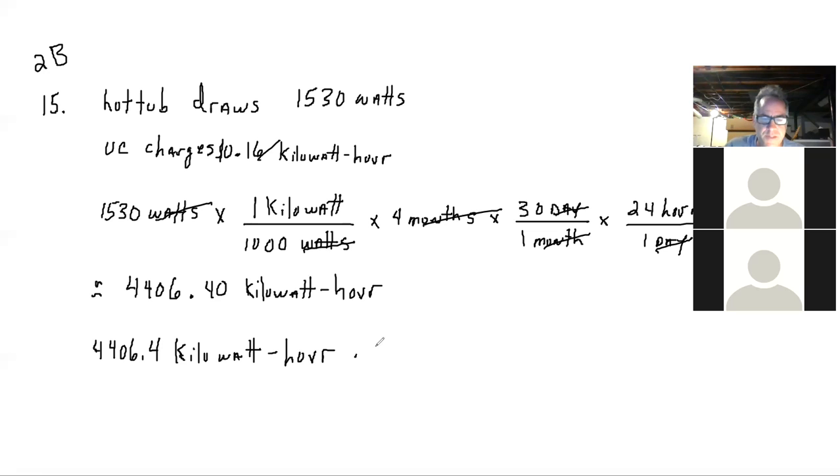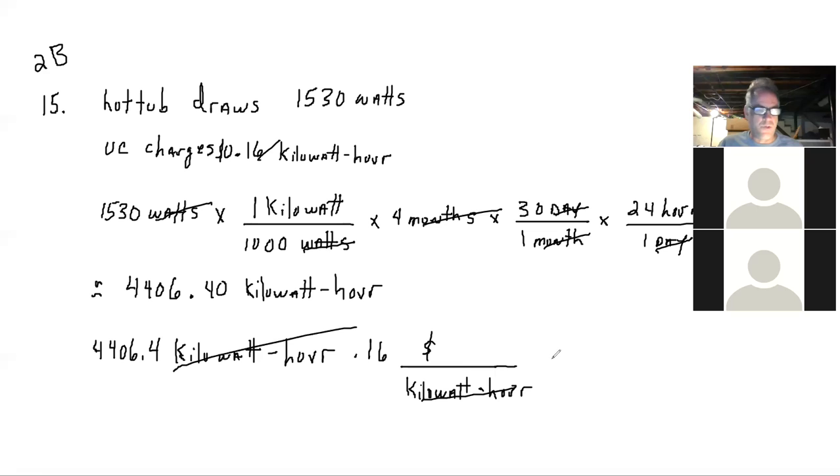That's what 16 cents is. 0.16 of a dollar per kilowatt hour. All right. So those cancel, leaving me just with the units of dollars. And that comes out to this times this.